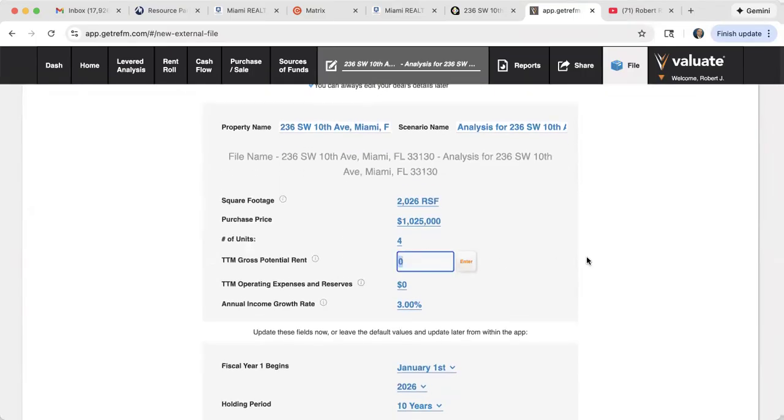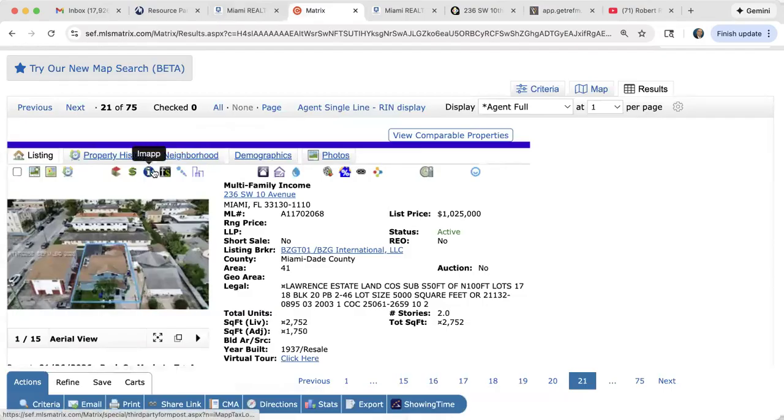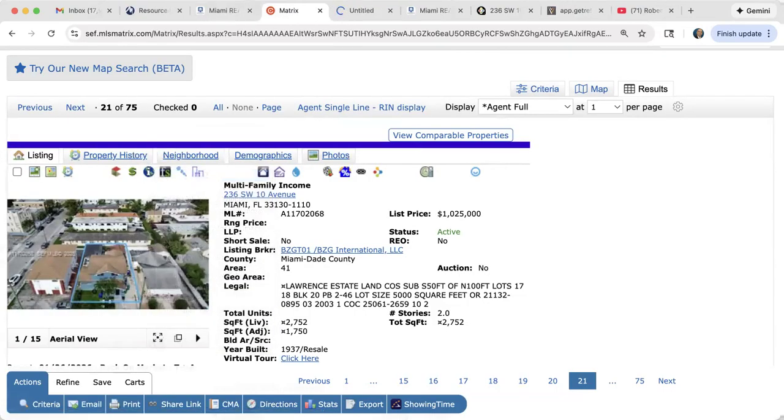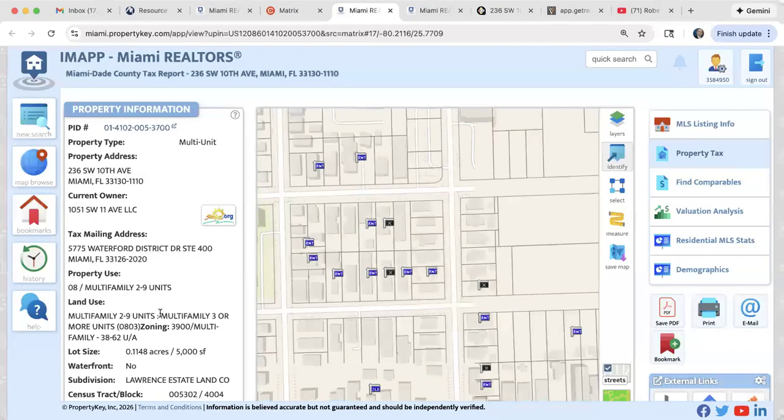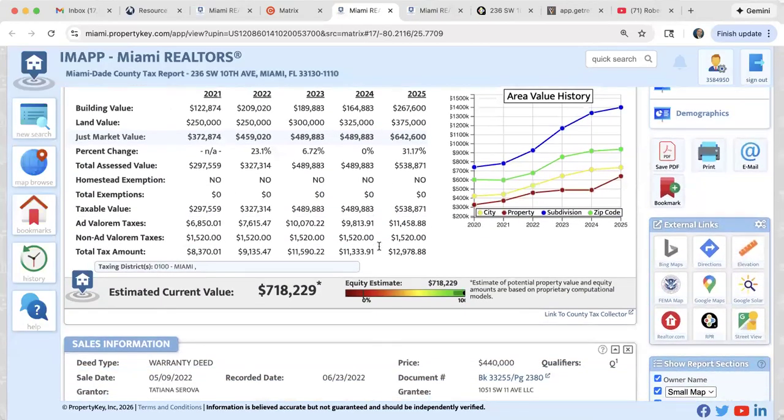All right, so we are generating $104,400 in income per year. So what expenses can we expect? Well, let's click on IMAP. Let's see how much taxes are. All right. Taxes were $13,000 last year.